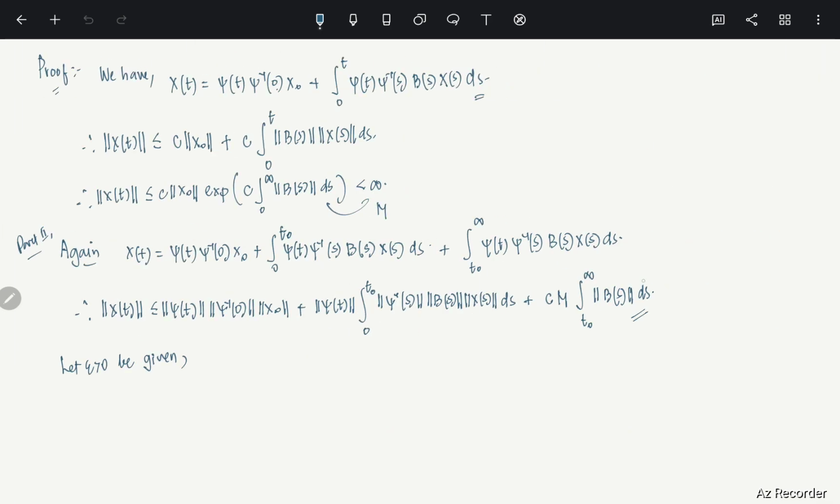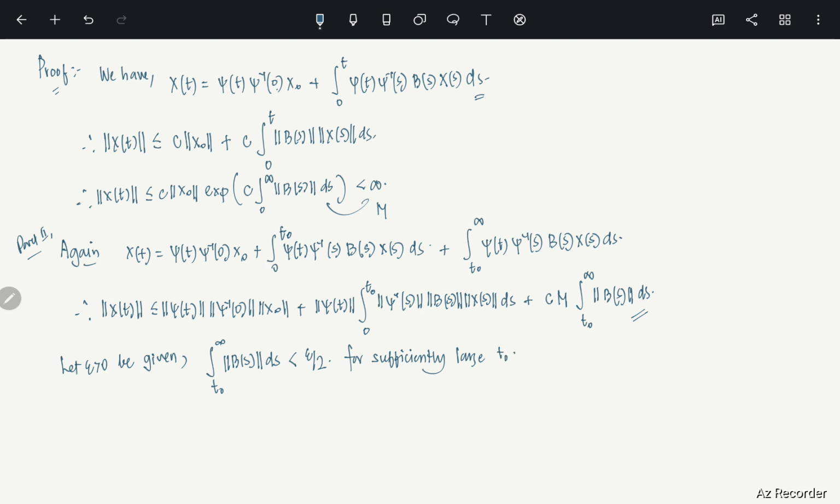Since b of s is summable, this particular thing, the integral from t0 to infinity of norm of b of s ds, can be made less than or equal to epsilon by 2, for sufficiently large t0.